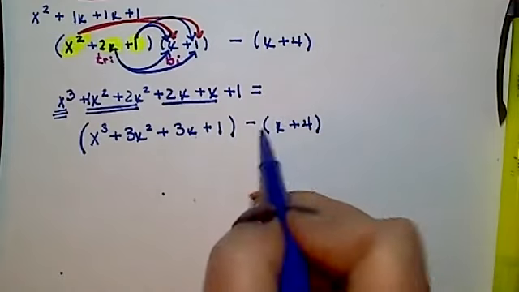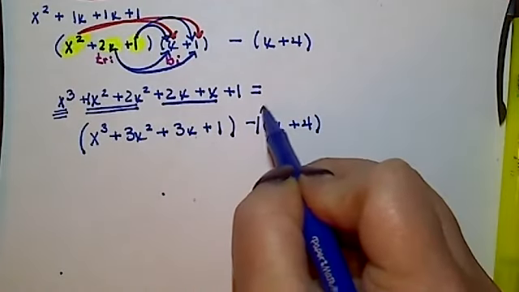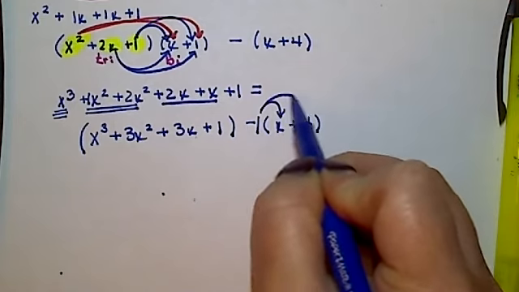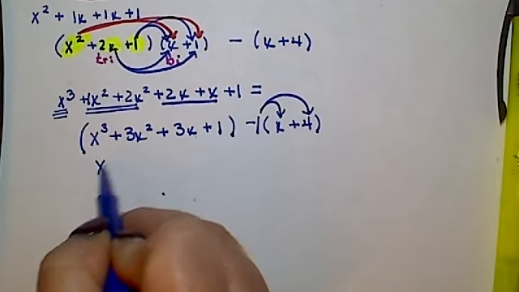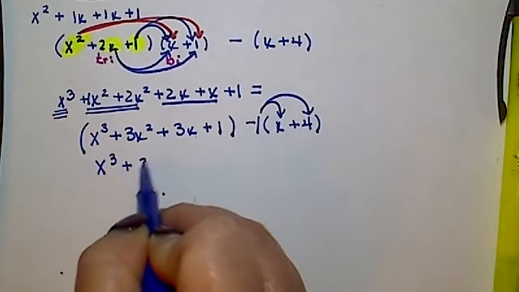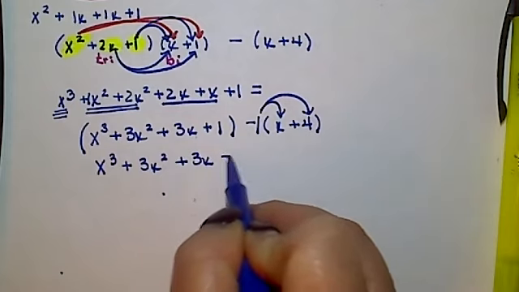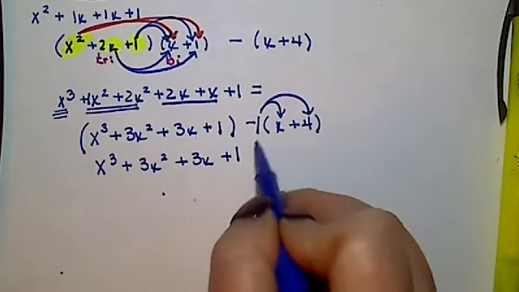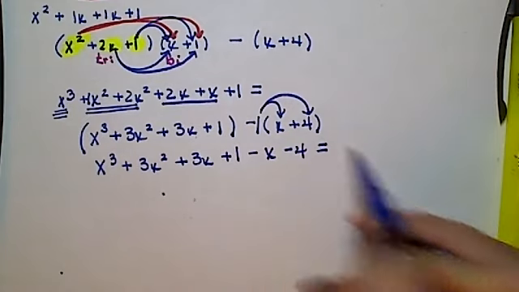So with the subtraction, there's like a -1 there. So it will distribute to both of those terms and change the signs. So we have x to the third plus 3x to the second plus 3x plus 1. Then I have a minus x and a minus 4.